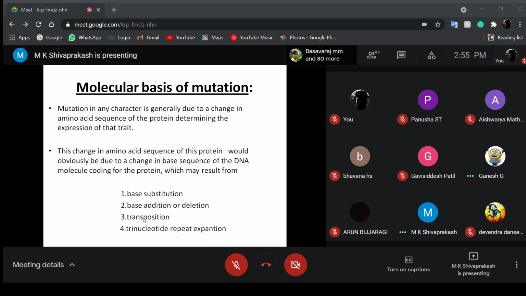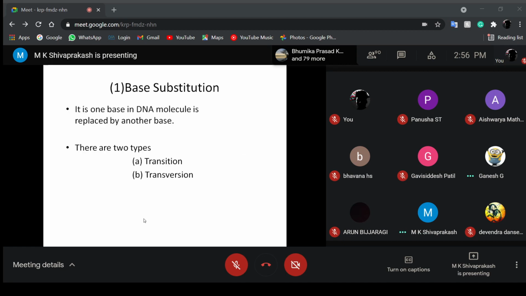This change in amino acid sequence would obviously be due to a change in the base sequence of the DNA molecule coding for proteins, which results in base substitution, base addition or deletion, transposition, or trinucleotide repeat expansion. So the first one, base substitution.